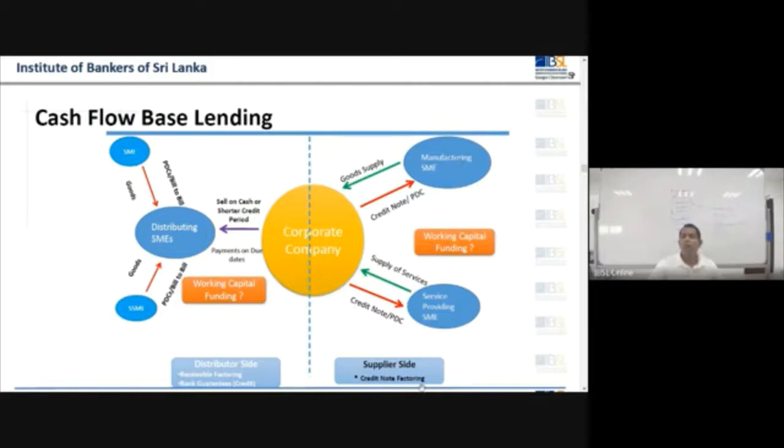So a bank can look at this funding. You can get the money from the corporate company to the SME's account with the bank, right? Normally what we think, when a corporate company issues a GRN or a post-dated cheque, they will honor. Therefore, we have a comfort of getting money, right?